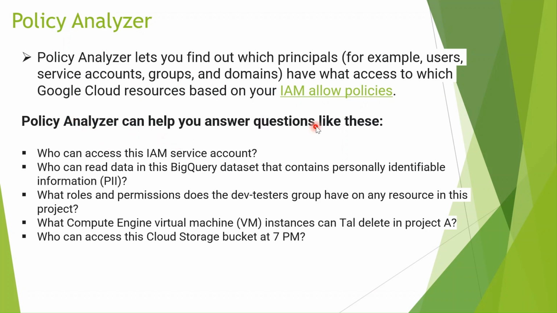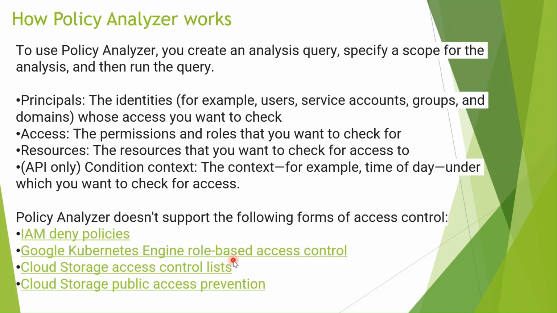So Policy Analyzer can help us answer questions like: who can access this IAM service account, who can read this BigQuery dataset, what roles and permissions does this specific group have, what VM instance can a user delete in project A, or who can access a Cloud Storage bucket after 7 p.m. These are multiple questions which you can find in the Google documentation, and you can also get the answers to all of them.